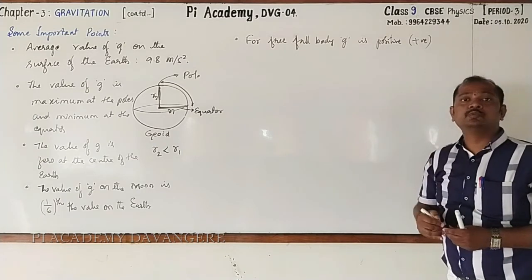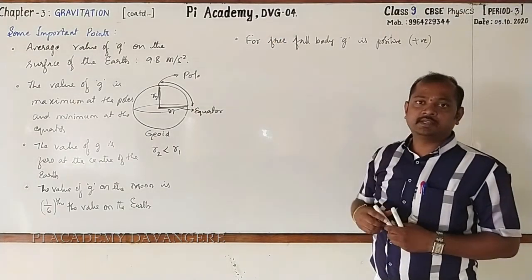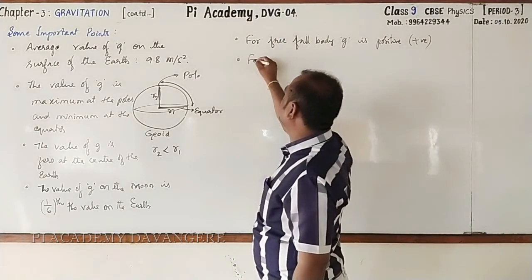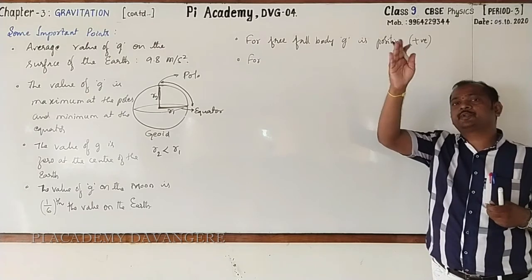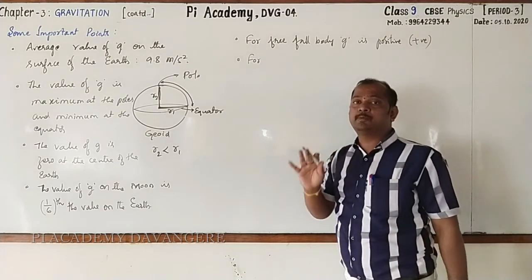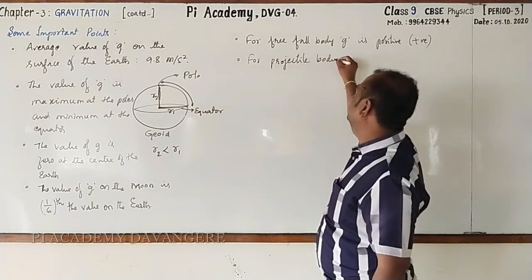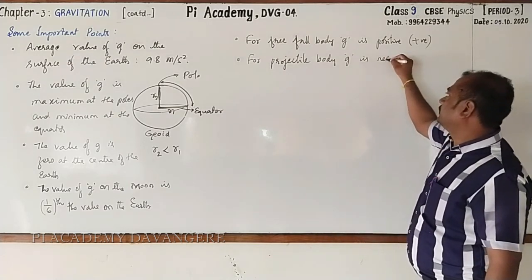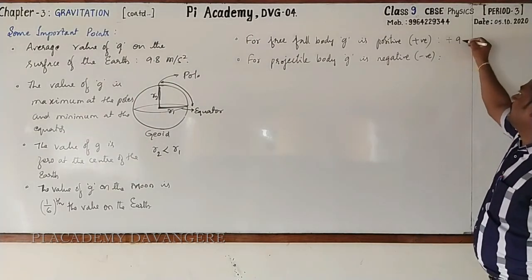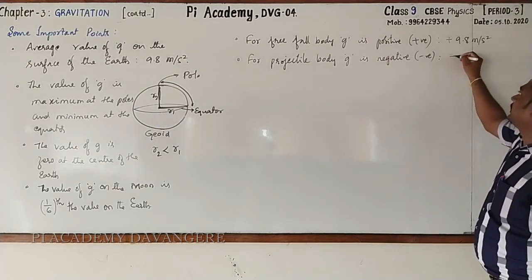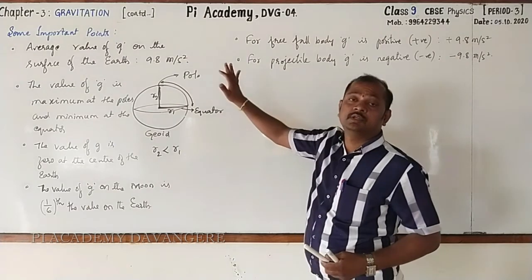Then when the object is moving away from the surface of the earth, acceleration due to gravity will go on decreasing. When the object moves away from the surface of the earth, we call this a projectile body. So for a projectile body, g is negative. That means here plus 9.8 meter per second square and here minus 9.8 meter per second square. So this is the information about g.